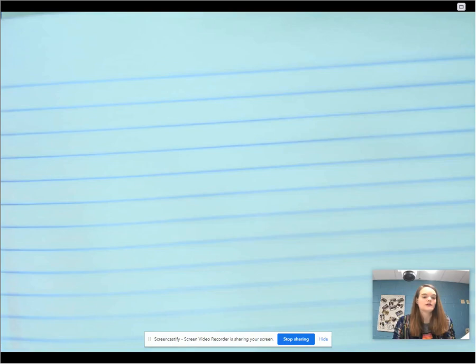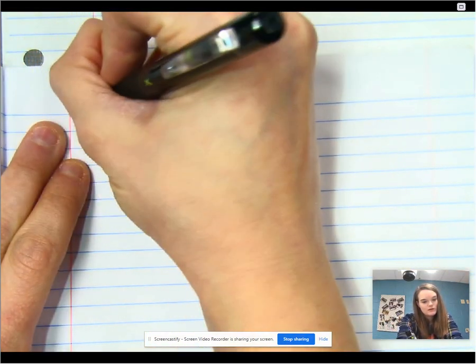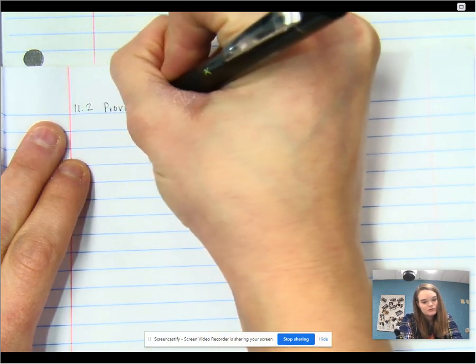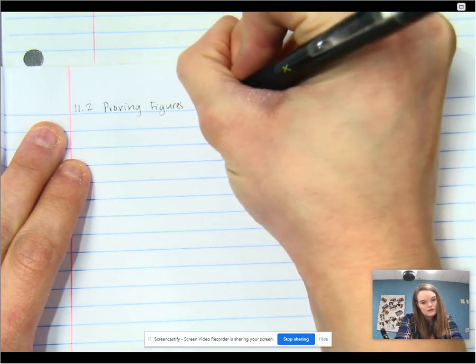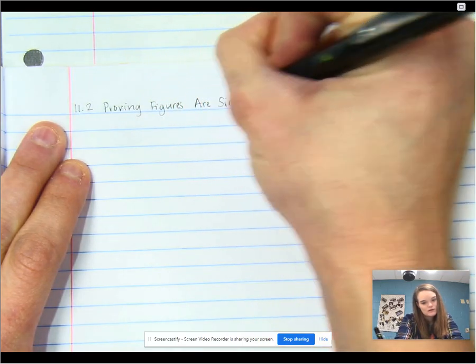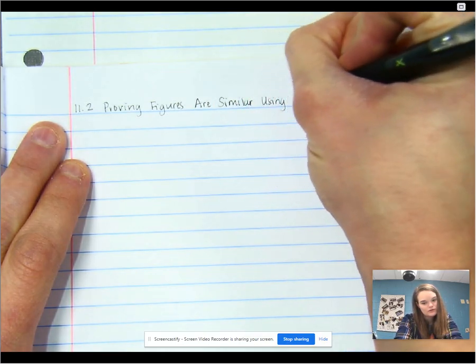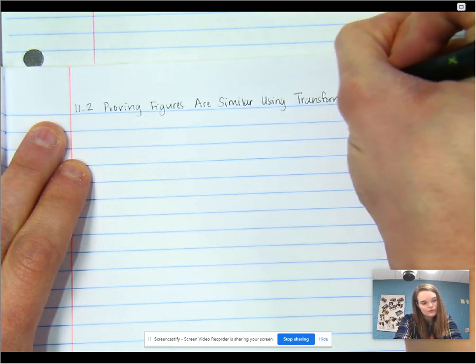Okay, so 99 is 11.2. Again, proving figures are similar using transformations.